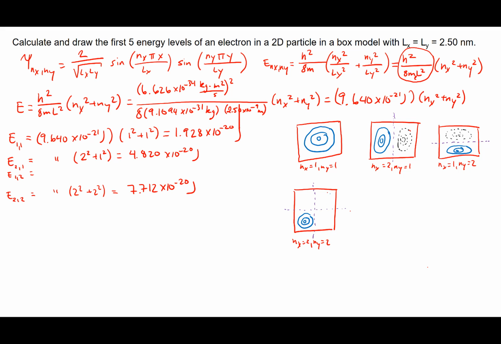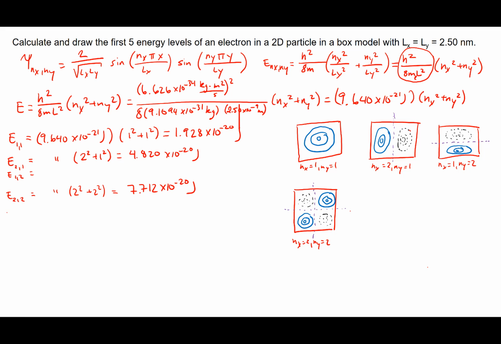And then we're also going to have another one here, because the nodes have to transition everything that we have in these cases. So we have two hills and then two valleys, and this is what the 2, 2 looks like in this case.